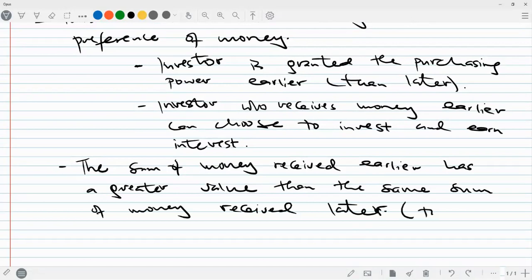What we call here the time value of money. Whoever is going to receive the money a bit earlier will have a higher value compared to the person receiving the money later on. So the investor attaches higher value to money received earlier than later on. Hope it's clear.